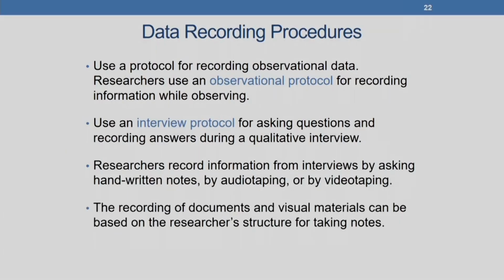With respect to data recording procedures, there are two protocols: observational protocols and interview protocols. Researchers use an observational protocol for recording information while observing, and an interview protocol for asking questions and recording answers during a qualitative interview.